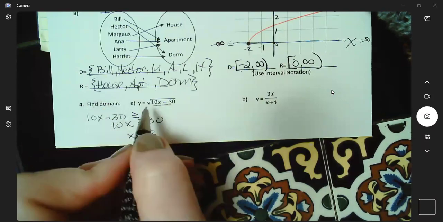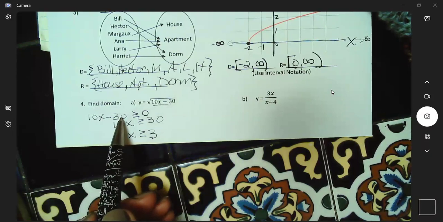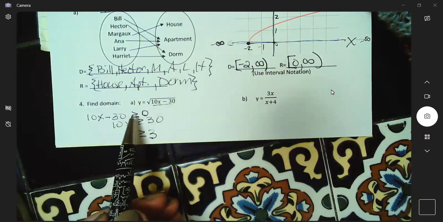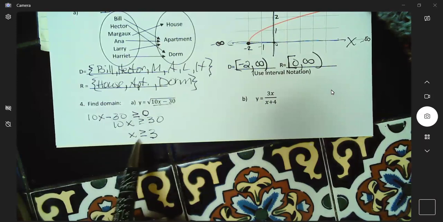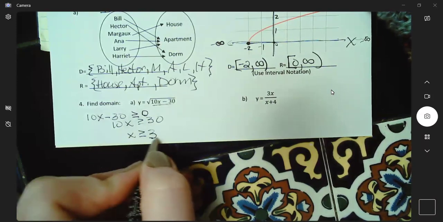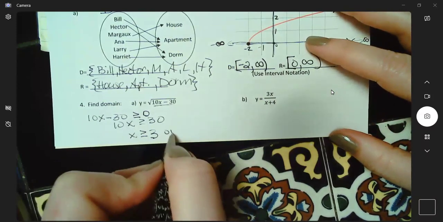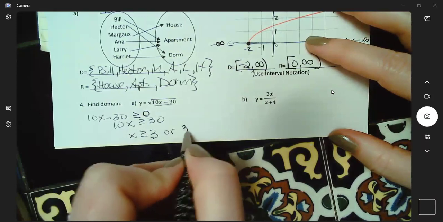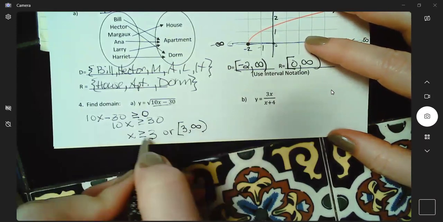So when you're doing the domain for a square root function, this is what you do. You take whatever's under the square root, that's called the radicand, set it up to always say greater than or equal to 0, solve it for x, and then that's how you would say the domain in an inequality statement. If I needed to do it as an interval, we would say the lowest value is 3, and it's unlimited as long as it's no lower than 3.